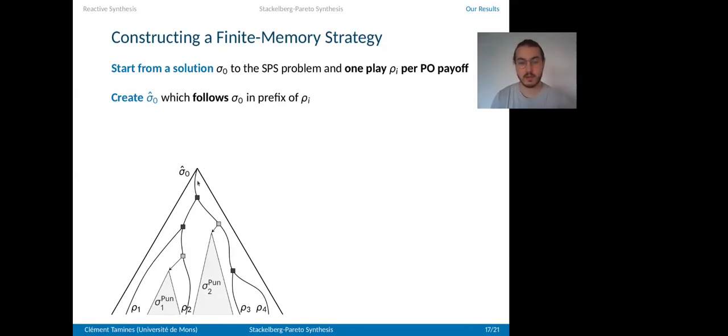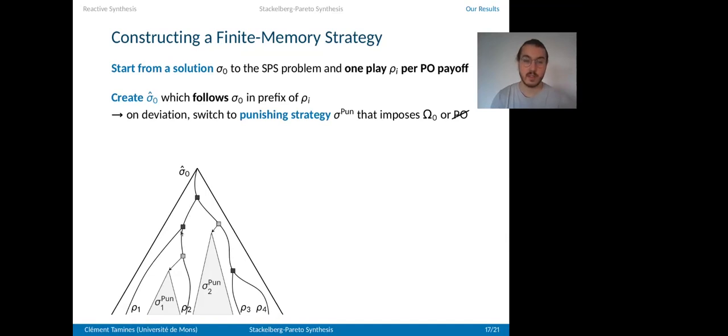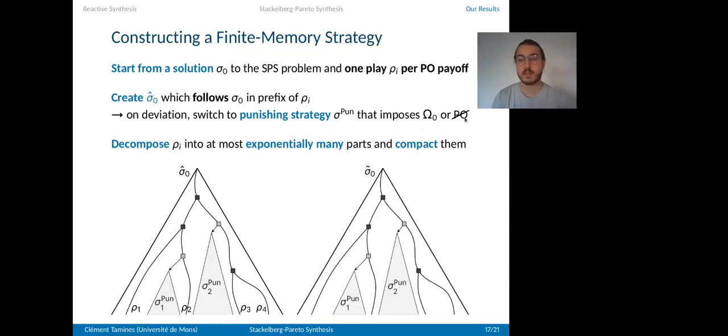So as long as we follow one of these plays, we play the same way as in sigma 0, and then as soon as a deviation occurs, so as soon as player 1 decides to go outside one of these plays, we switch to a so-called punishing strategy, which imposes that every resulting play either satisfies the objective of player 0 or does not yield a Pareto optimal payoff. This makes the deviation for player 1 irrational.